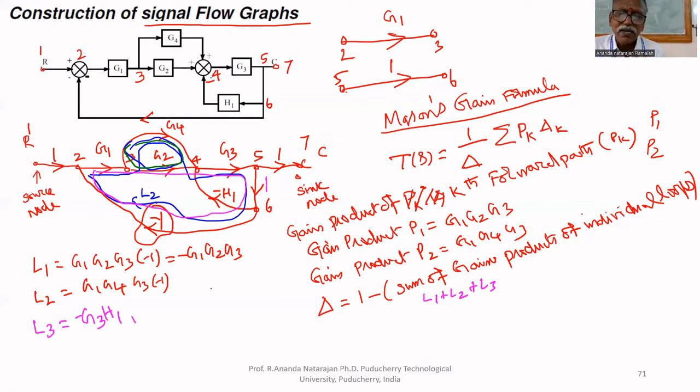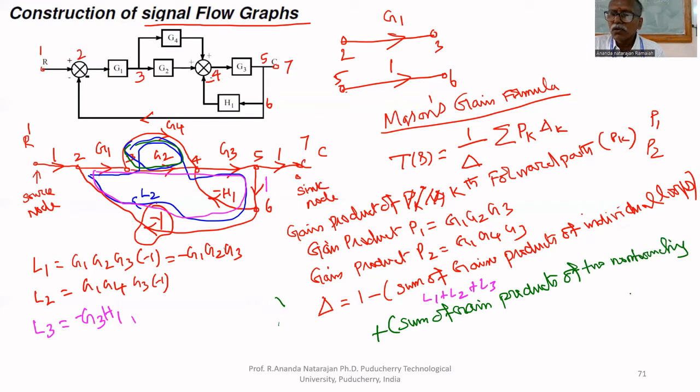What is delta? Delta is 1 minus sum of gain products of individual loops, plus, I am putting minus here, now plus sum of gain products of two non-touching loops.